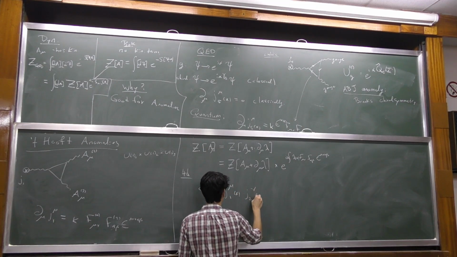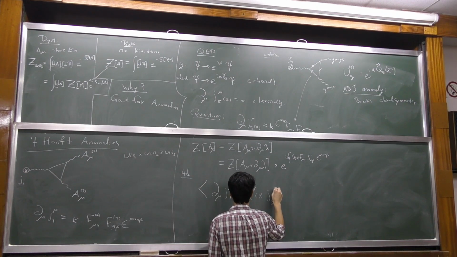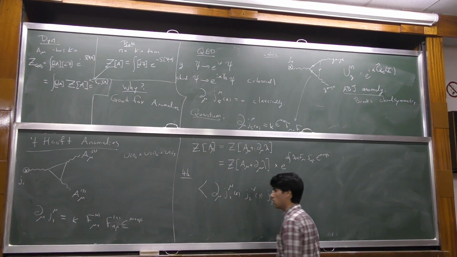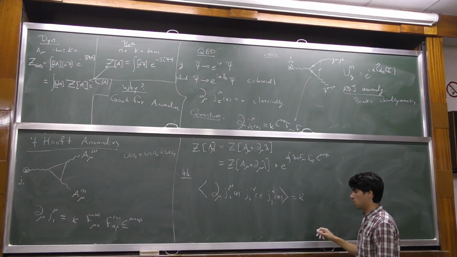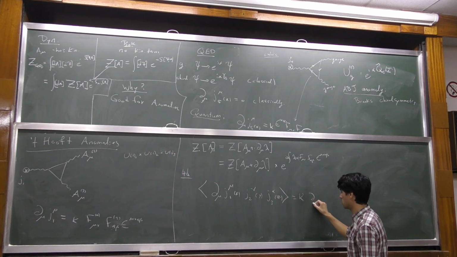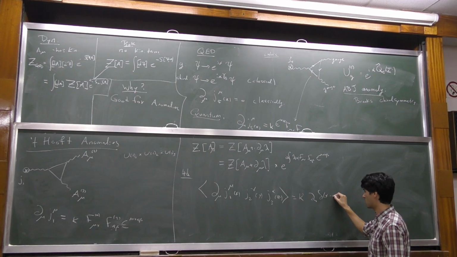J2 mu 1, I think this is going to be K. It's actually really messy. It's a partial. That's okay. So yeah, it's going to be like a delta function of x minus y.